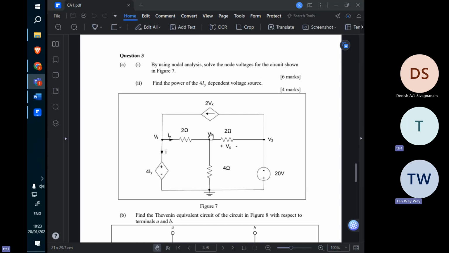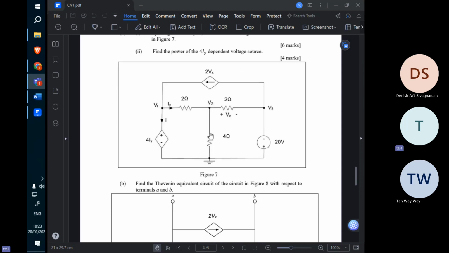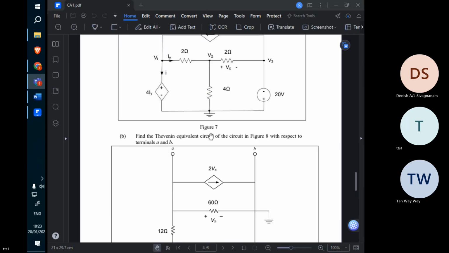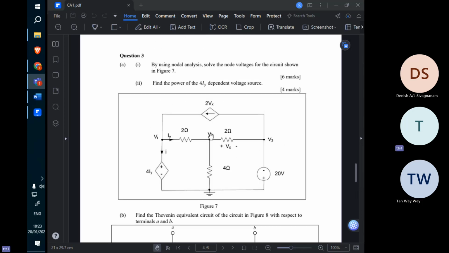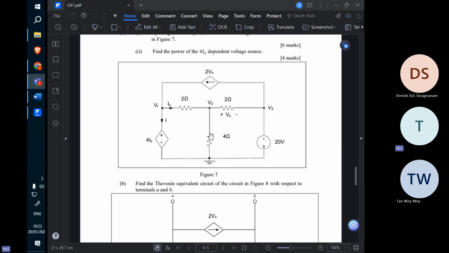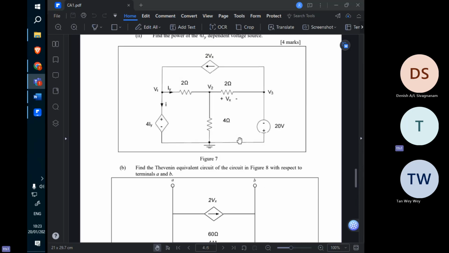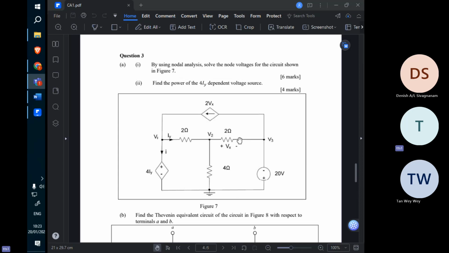And this one, I think, should be the most difficult one, if I remember. Question number 3 is about nodal analysis and Thevenin's theorem. Both of these are usually covered in tutorials 2 and 3.